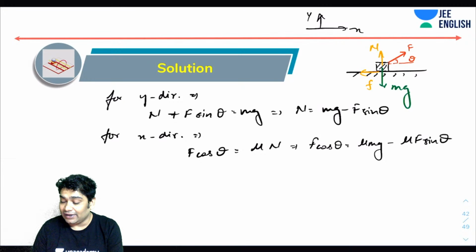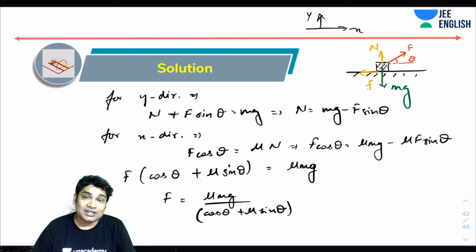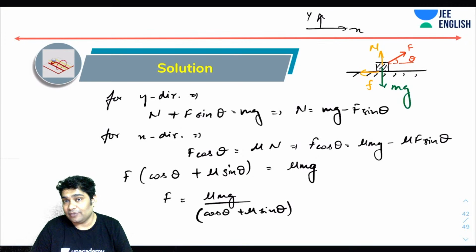So I can take F common from here. I will have F times (cos theta plus mu sine theta) equals mu mg. So F comes out to be mu mg over (cos theta plus mu sine theta). This is the expression that you would have gotten for F for different thetas. Now for the minimum, all you need to do is differentiate with respect to theta and find the answer.